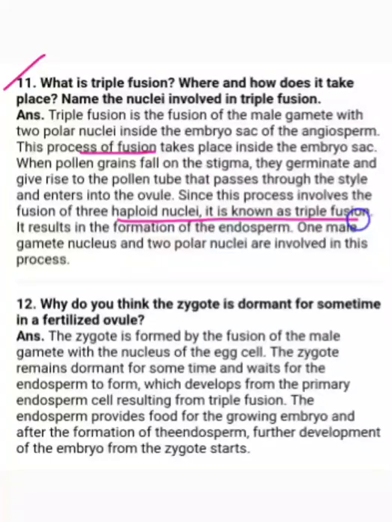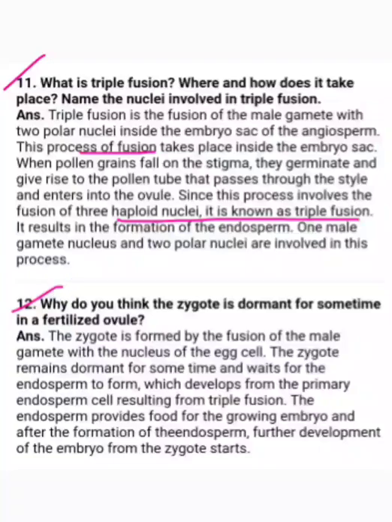Now next question is, why do you think the zygote is dormant for some time in a fertilized ovule? Answer is, the zygote, which is formed by the fusion of male gamete with the nucleus of the egg cell, will remain dormant for some time because it will wait for endosperm to form, which will develop from the primary endosperm cell.